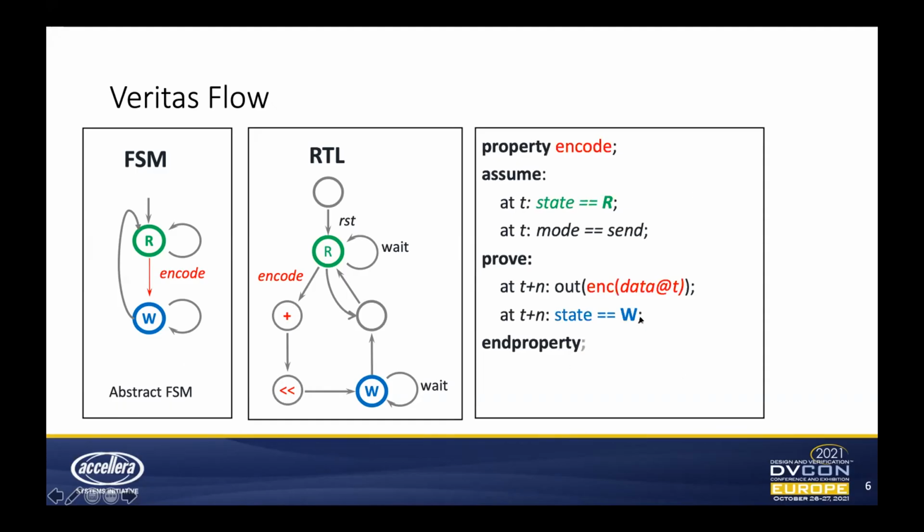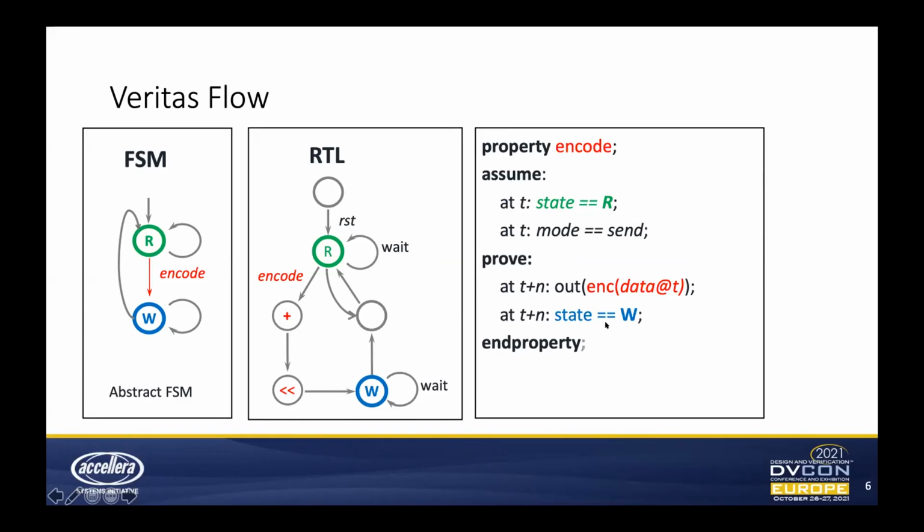This is now some kind of pseudocode. I will afterwards, in the next slide, show an SVA example, but to illustrate the core idea, I would like to use the pseudocode. So the property assumes a certain start state and that some trigger conditions apply. And then we want to prove that in the end, we set the output to the correct value. That is the value that we received at the beginning in the read state of the operation, and that we encoded the data correctly.